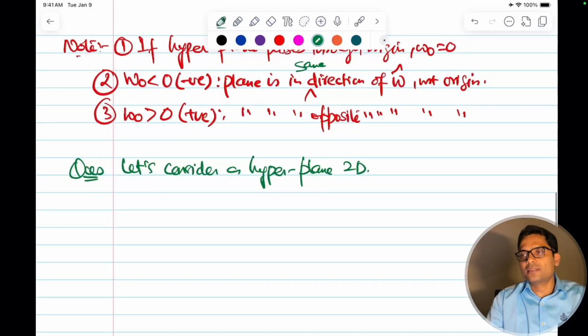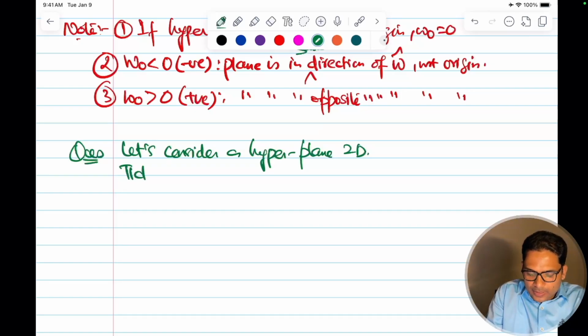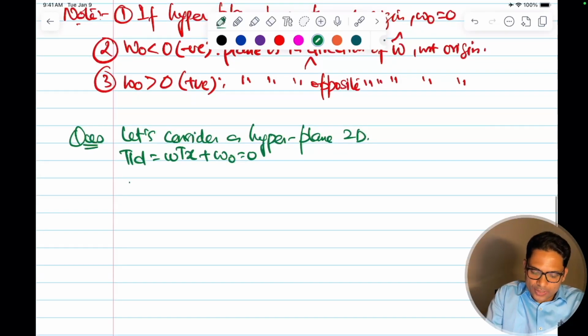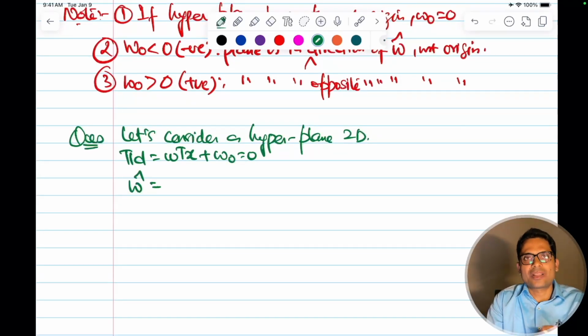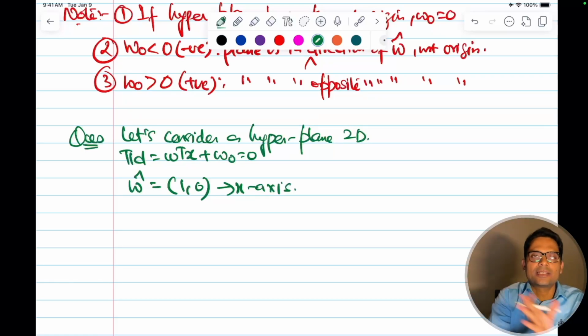So my plane pi d is equal to w transpose x plus w naught equal to 0, and the unit vector w here I'm defining as (1, 0), so it is in the direction of the positive x axis. That is how I have defined my unit vector.